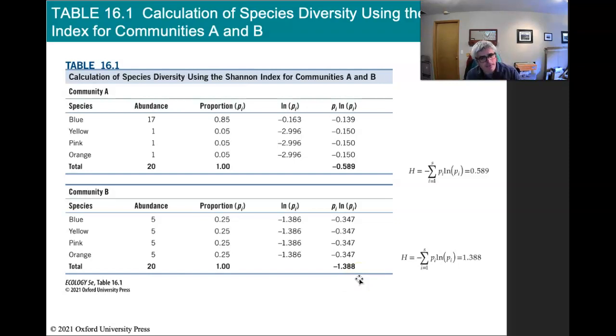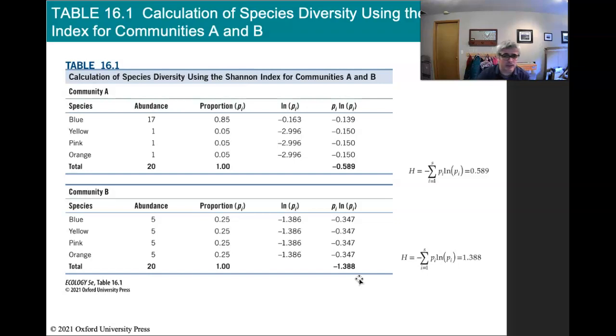And so here, for a given number of species, a given species richness, the H index, the Shannon index, is higher in a more evenly distributed system. So if we have the same species richness, but higher species evenness, that'll give us a higher H, a higher Shannon index.